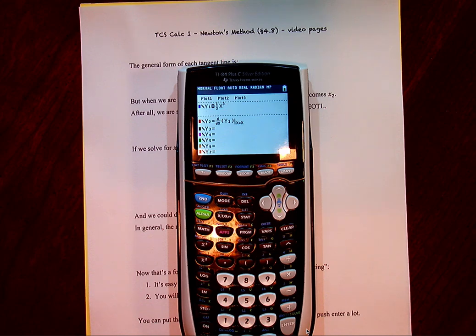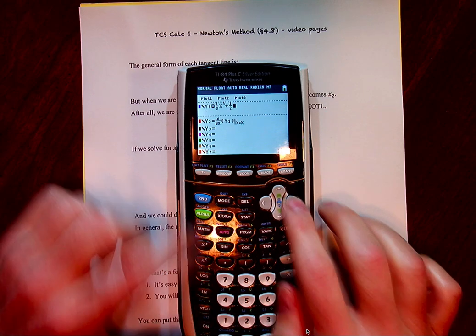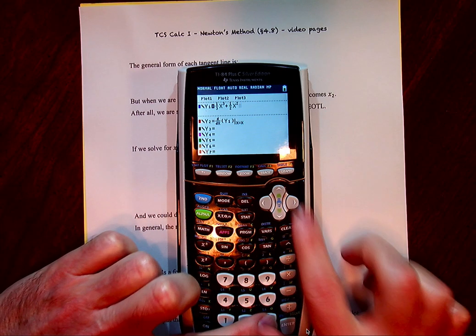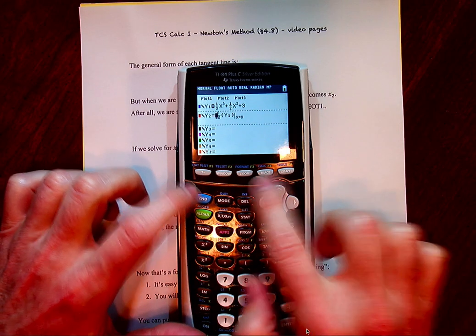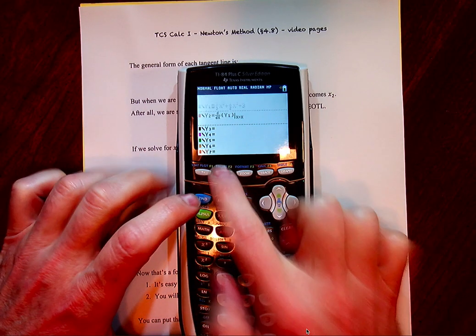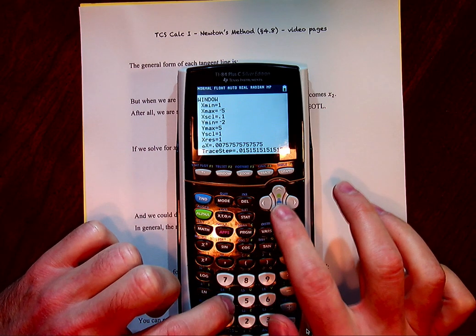Give me a second. It's plus 1/2 x squared. Okay. Nice. So plus 1/2 x squared plus 3.